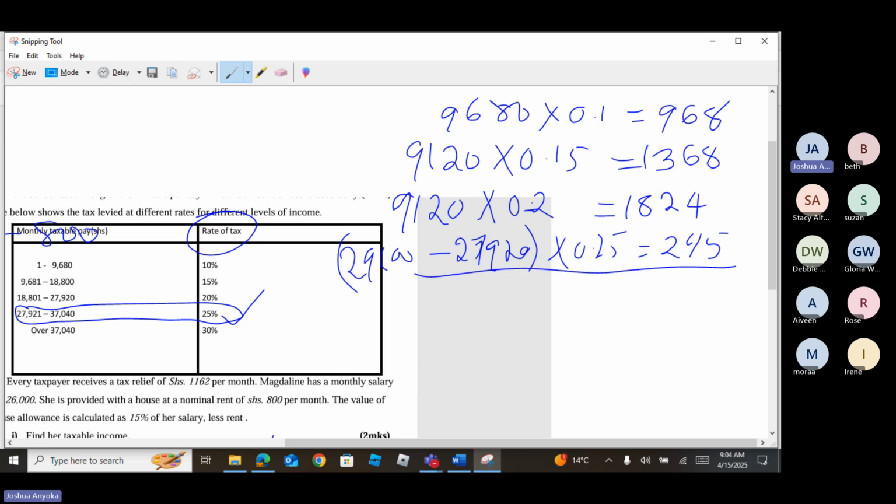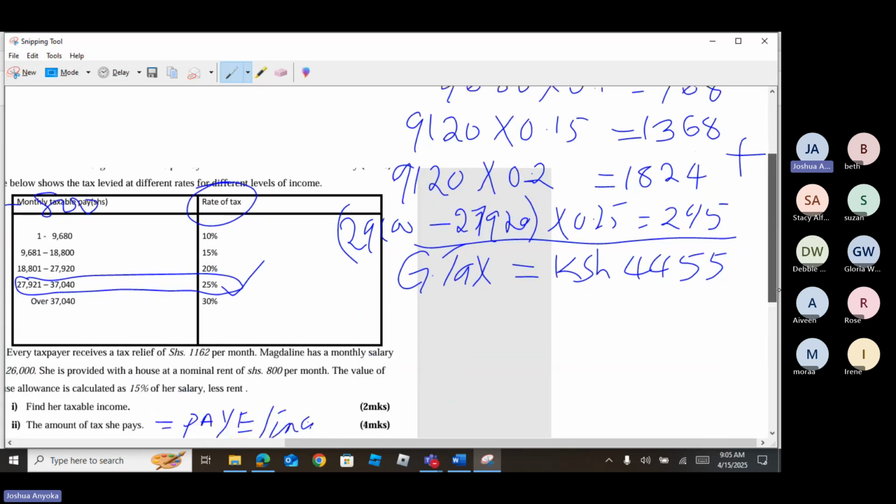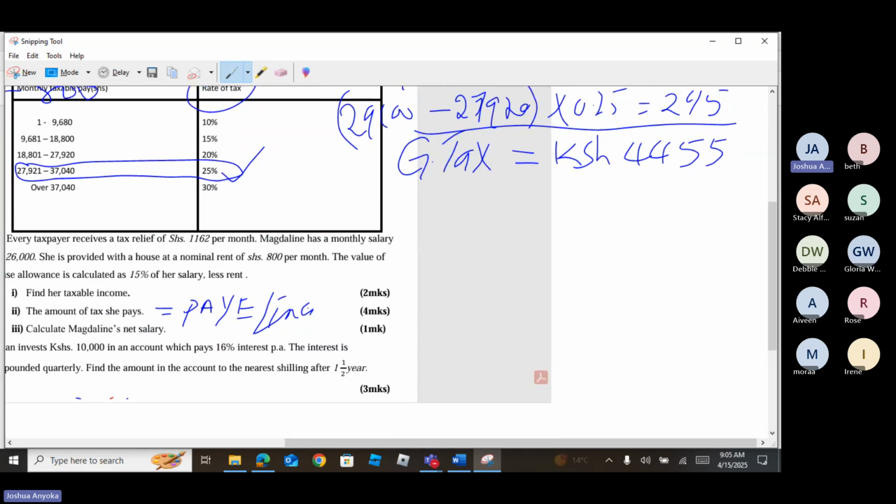Then we add all of them. We get the gross tax. 4,455. So in this 4,455, we want PAYE.